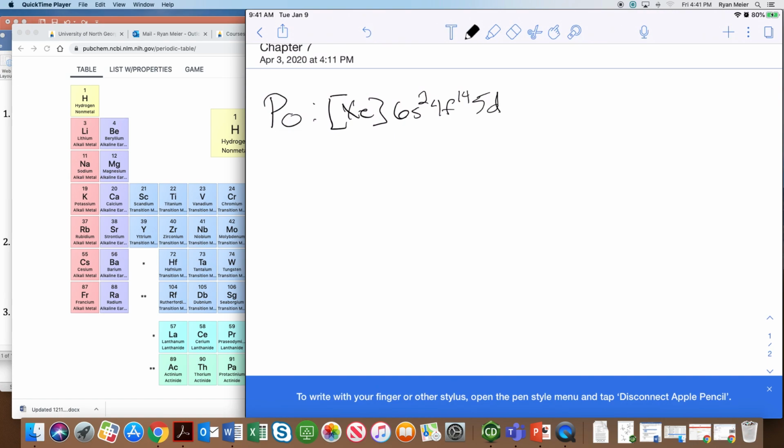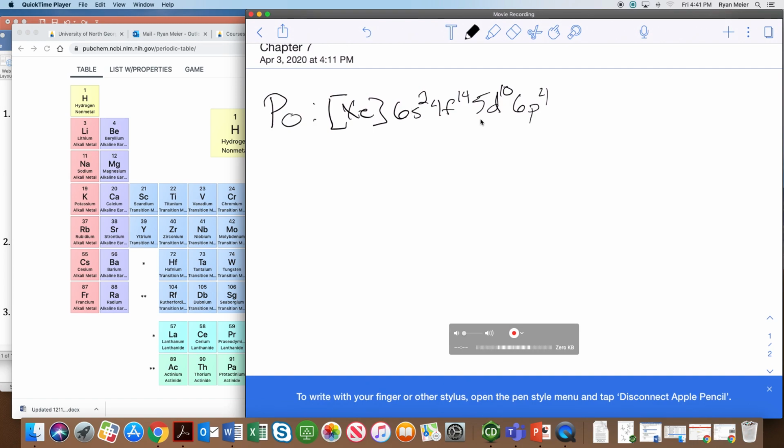So now 5d, that's full, so 10, because it's 10 spots across. And then polonium was 4 spots into the P block, so it's going to be 6p4. So S and P are always the same, D is 1 less, and F is 2 less if we have them, because we won't always necessarily have these electrons for some of our configurations.